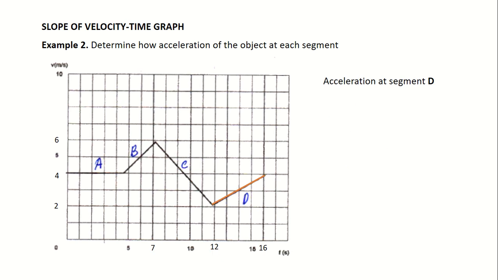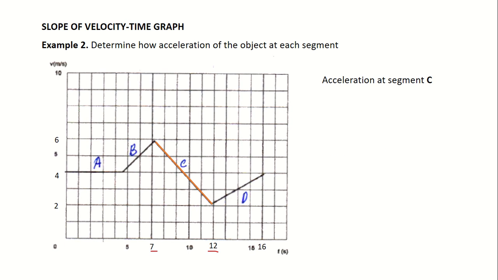And finally, at segment D, I increased in speed from 2 meter per second hanggang 4. So that's a difference of 2. That happened from 12 to 16 seconds. So that's 4 seconds in total. 2 divided by 4, that's going to be 0.5 meter per second squared. Did we get the correct guess?